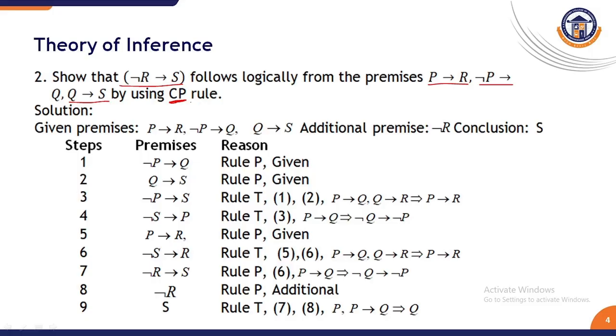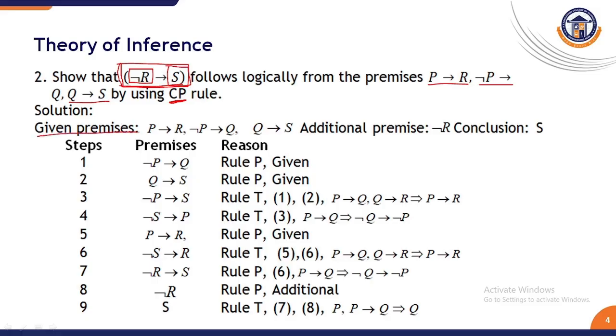So in the conditional proof rule, we have to assume one additional premise from the required conclusion. For this problem, the additional premise is negation R. So use this additional premise with the given premises and derive the conclusion as S.